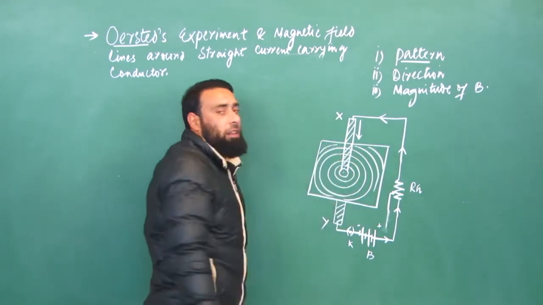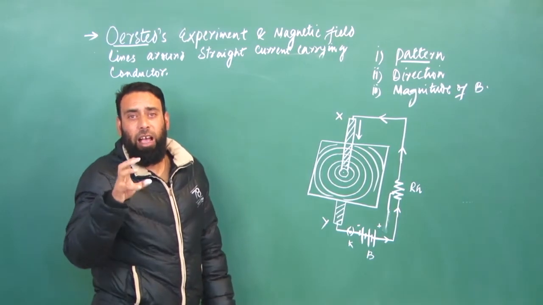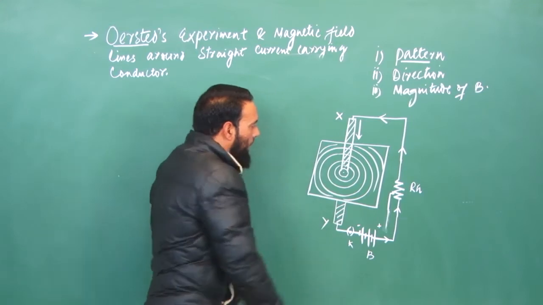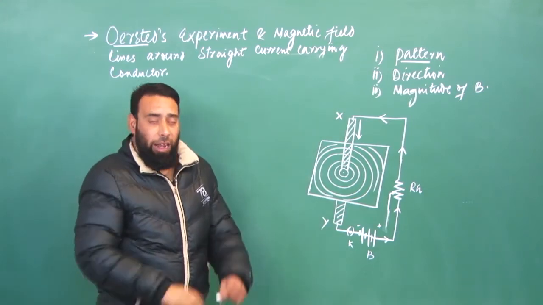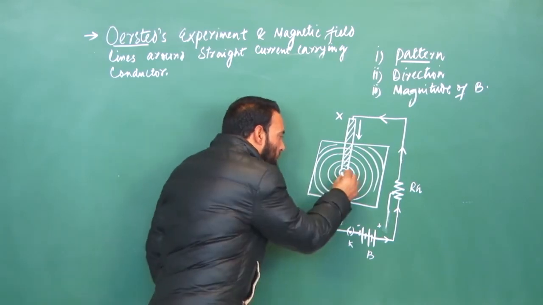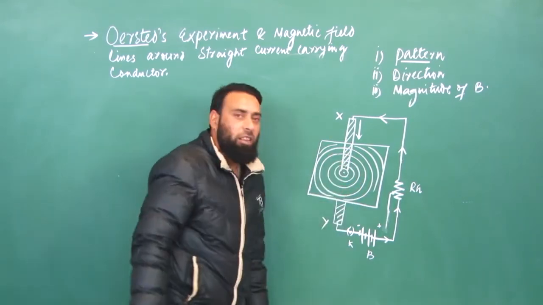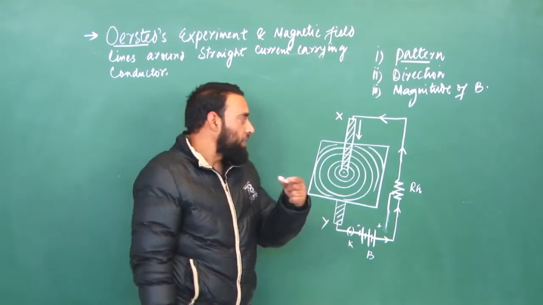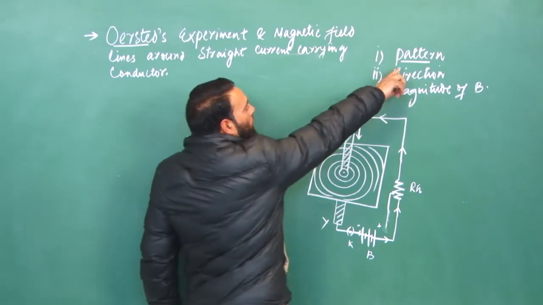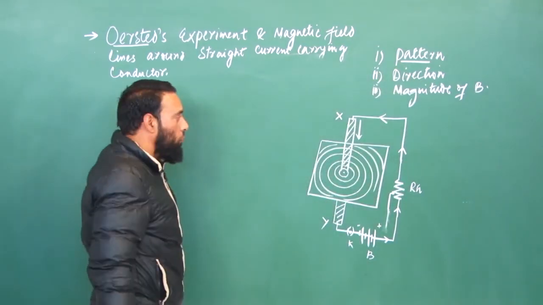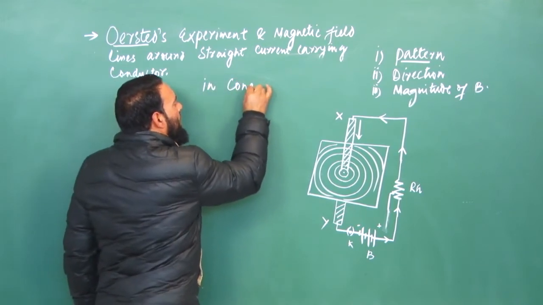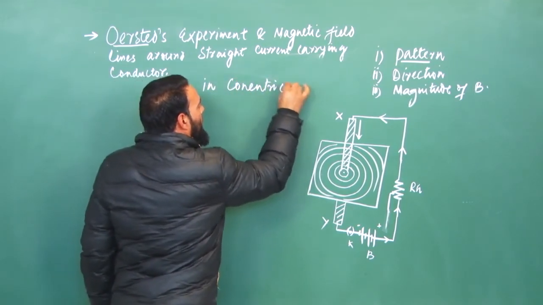According to those magnetic lines of force, these iron filings arrange themselves, and we find that the magnetic field around the straight conductor is in concentric circles, and the center of every circle is the center of the hole of that cardboard. So the first thing we have found is that the pattern of magnetic lines of force around a straight conductor is in concentric circles.